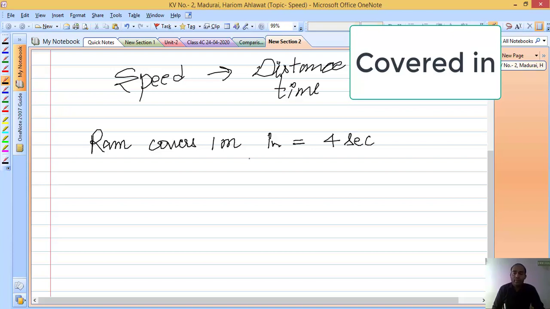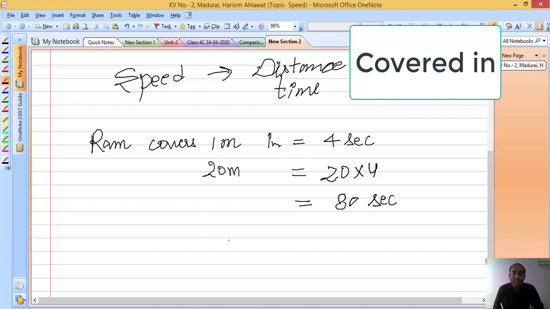Now if I say, tell me, if Ram wants to cover 20 meter, how much time will he take? So you will say, okay sir, 20 meters, no issue, we will multiply 20 into 4, then we will be able to calculate, 4 eights, means 80 seconds.